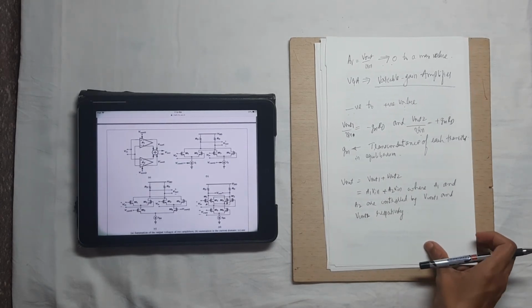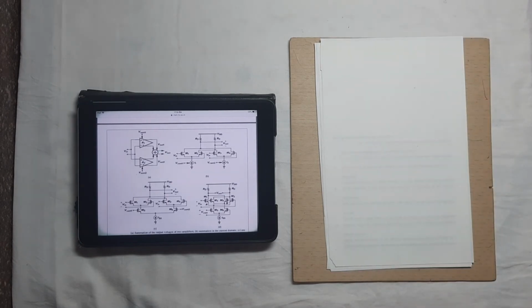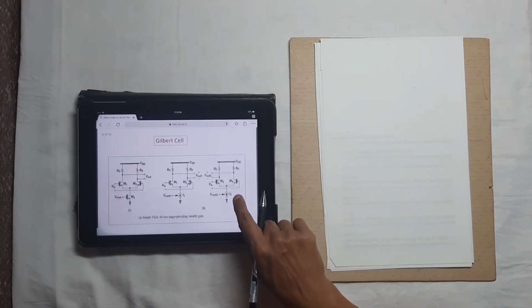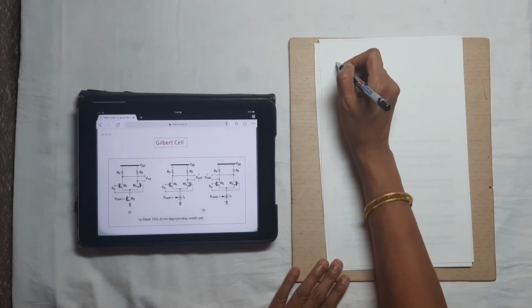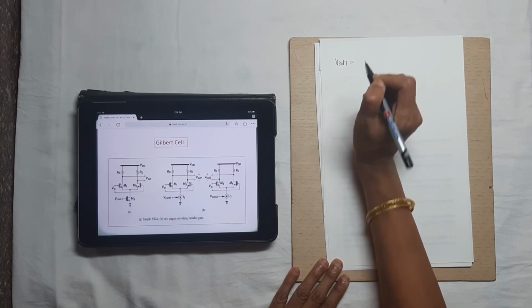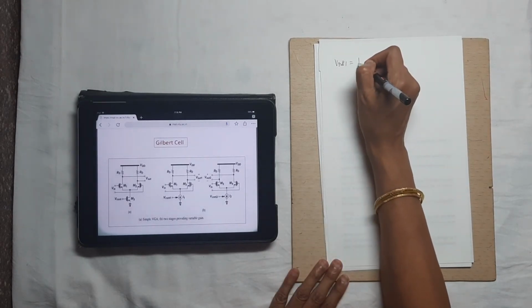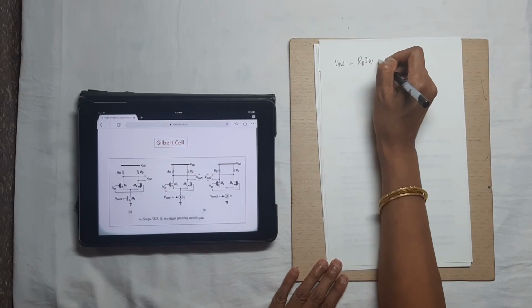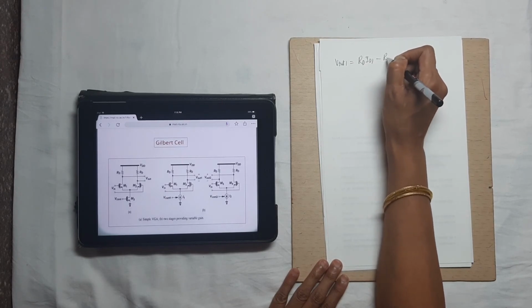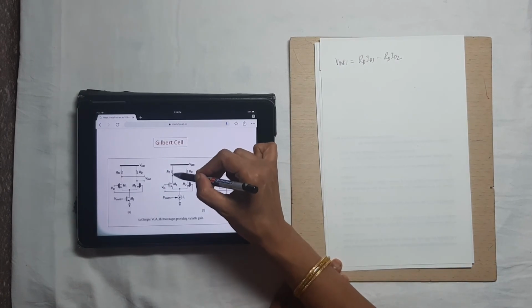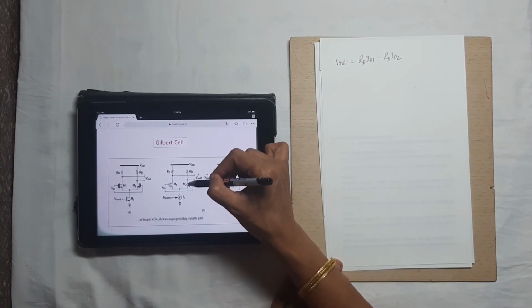Now we will proceed to the actual implementation. How do we do the actual implementation at the circuit level? This is at the block level. Now we have to do it at the circuit level. From this particular circuit, how do we write Vout1? Vout1 can be written as RD into ID1 minus RD into ID2, supposing current ID1 is flowing like this and ID2 is flowing like this.